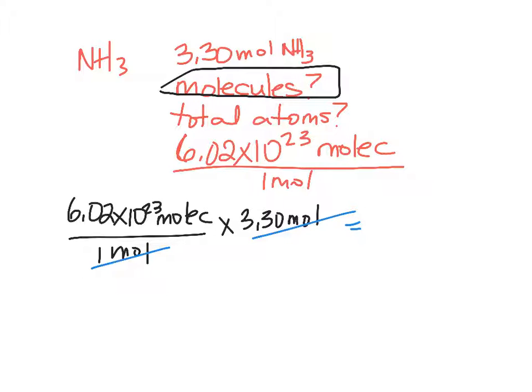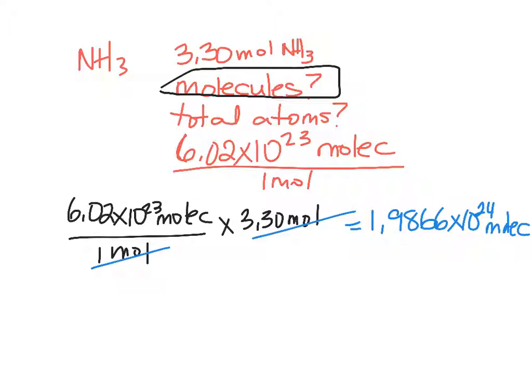So take your calculator. What is 6.02 times 10 to the 23rd times 3.3? Janae? 1.986 times 10 to the 24. Okay, so we've got the number of molecules.